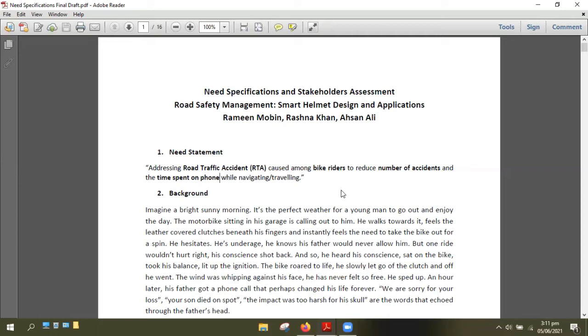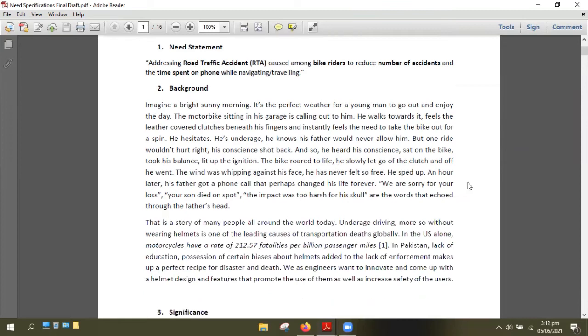Right. So once we have identified the need statement, the next step is to set the background for the user, so that the audience will understand the exact ground upon which we are looking at the problem.